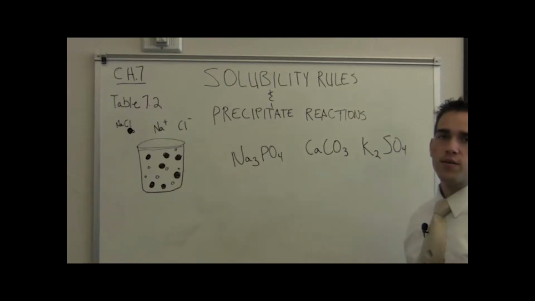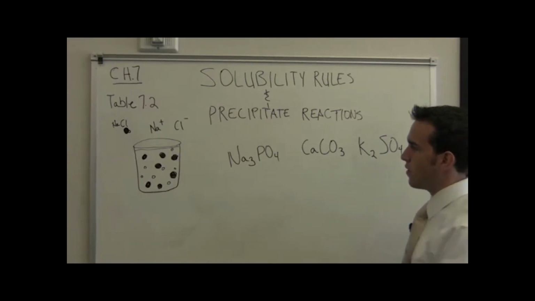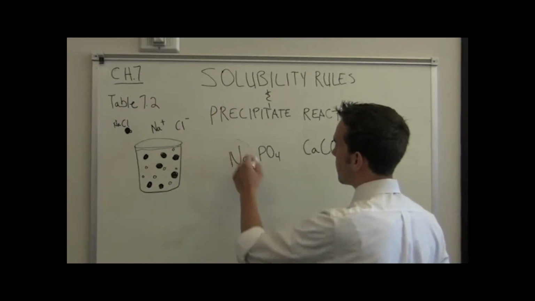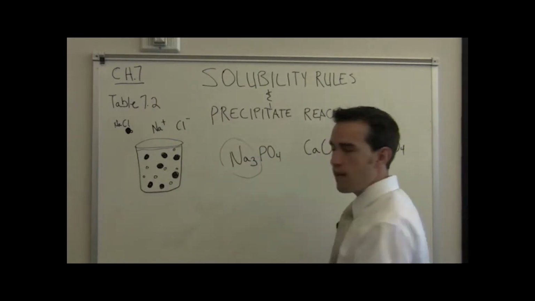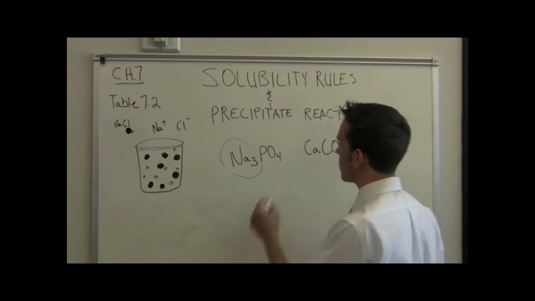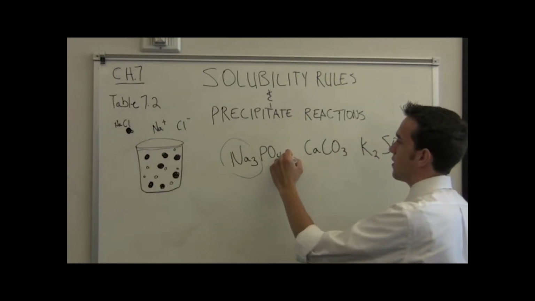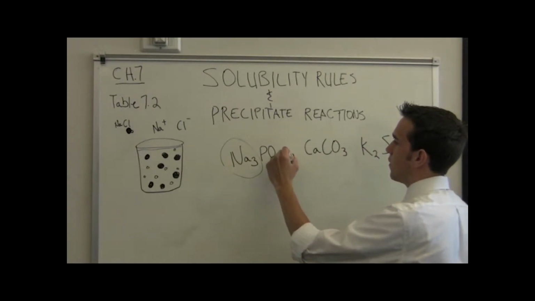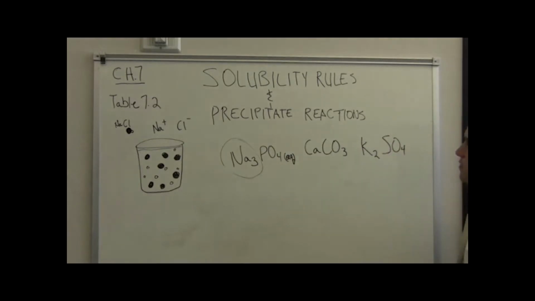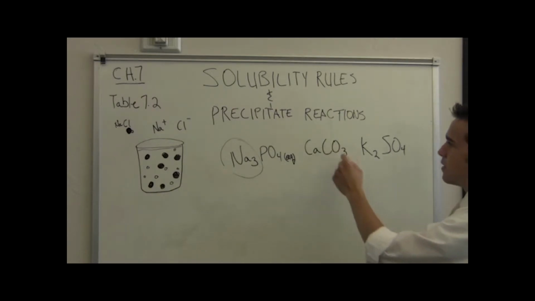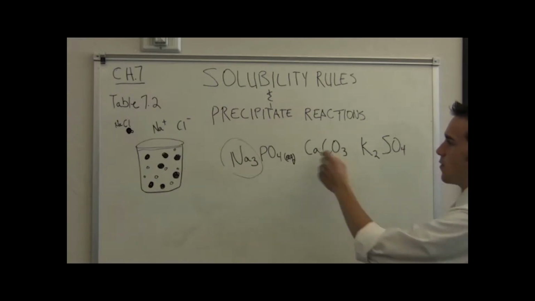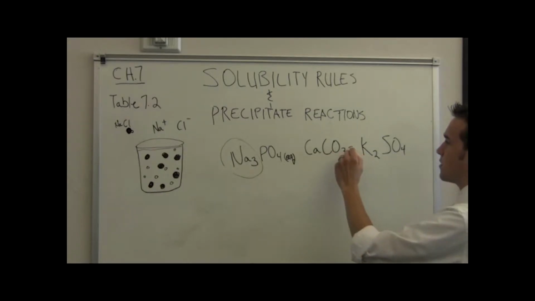Based on the solubility rules, you'd be able to say, oh, sodium, Na, is always soluble, no exceptions, so that's going to be aqueous. Then in CaCO3, this carbonate is typically insoluble, and it's not with one of its exceptions, so that's going to be a solid.